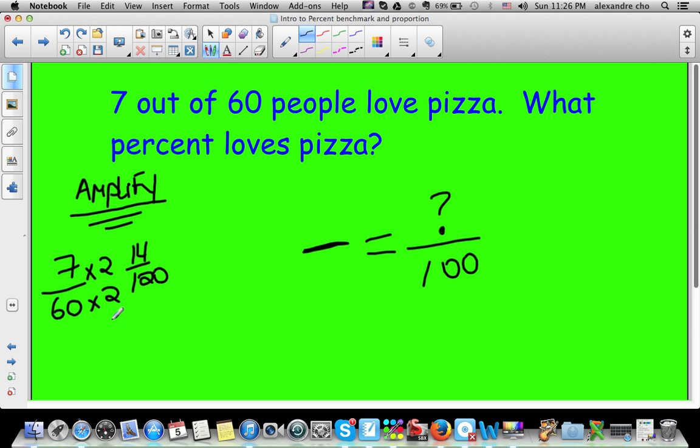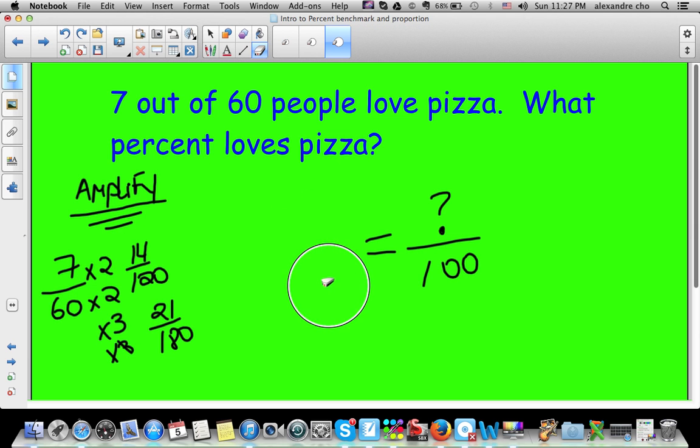What if we did times 3? 7 times 3 is 21, and 60 times 3 is 180. You think 21 over 180 will work? Is there a relationship between 180 and 100? So you get the idea that in this case we're not simplifying, but we're amplifying.